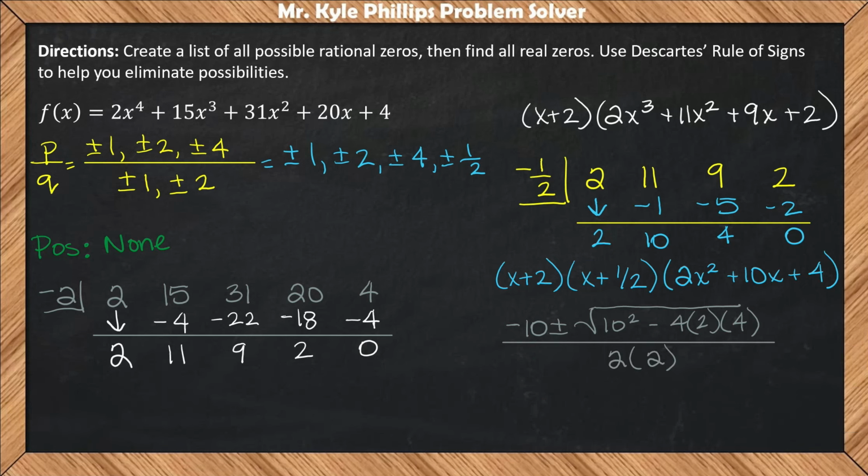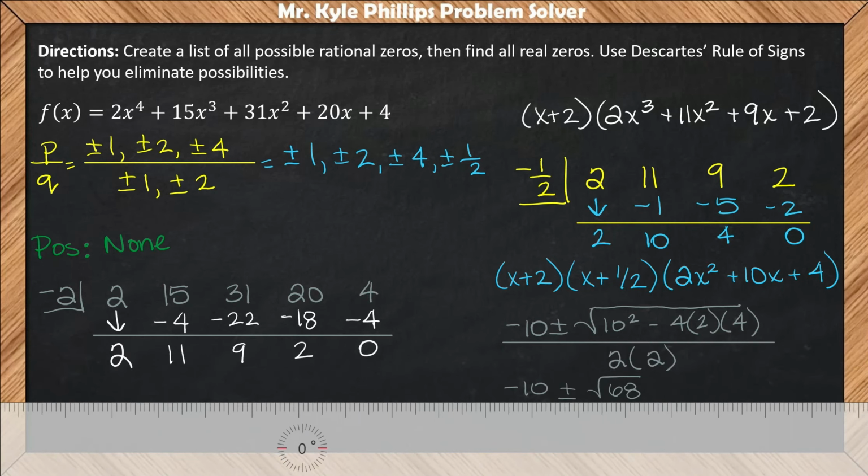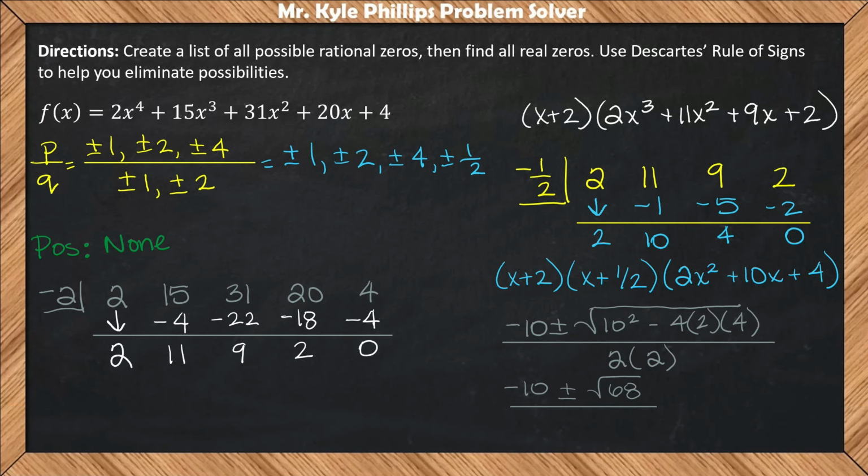So when I reduce here, I get -10 plus or minus the square root 100. -4 times 2 is 8. 8 times 4 is 32. So 100 minus 32 is 68. And this will all be over 4. So this will work as your solution. Remember, you only have to simplify if your professor or teacher has that as a preference.